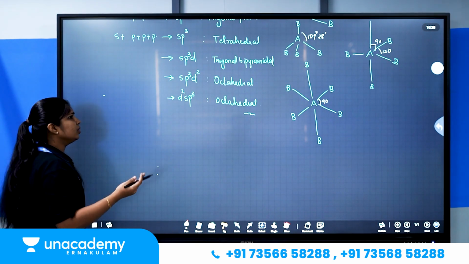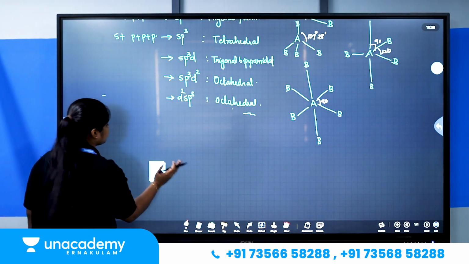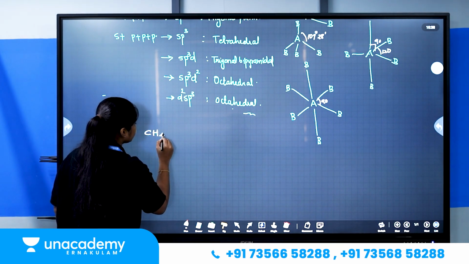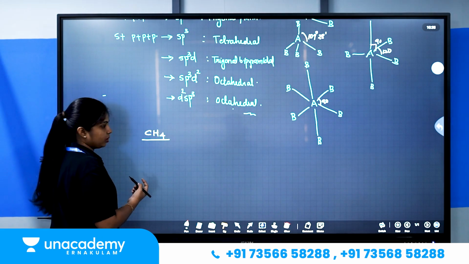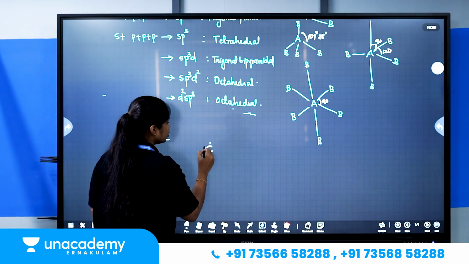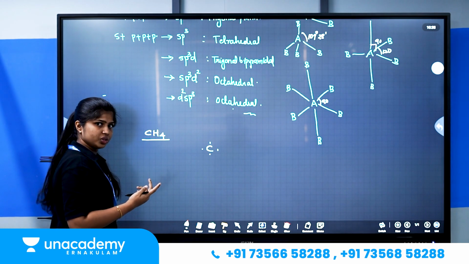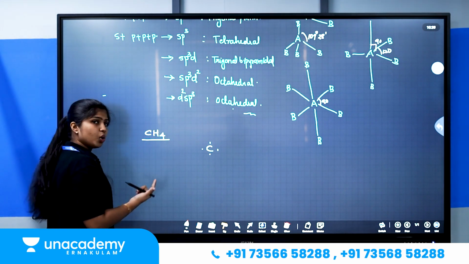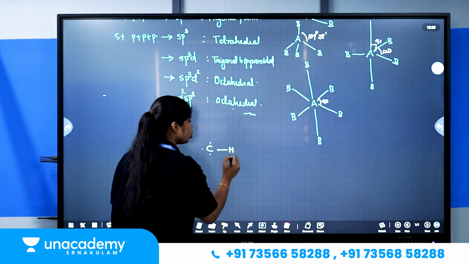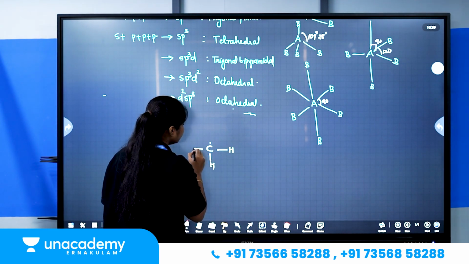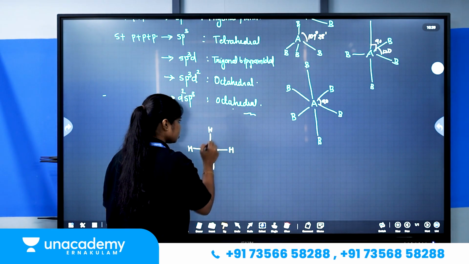Let's take the same example, CH4. How many valence electrons are there in carbon? There are 1, 2, 3, 4 valence electrons, right? So how many bonds do we need to form? 4. So each electron will form a bond with the hydrogen like this.